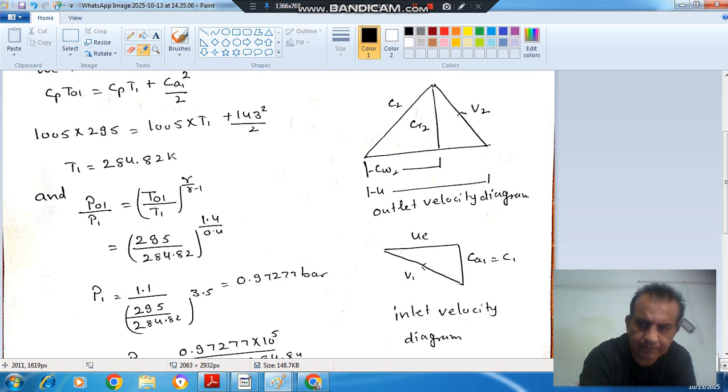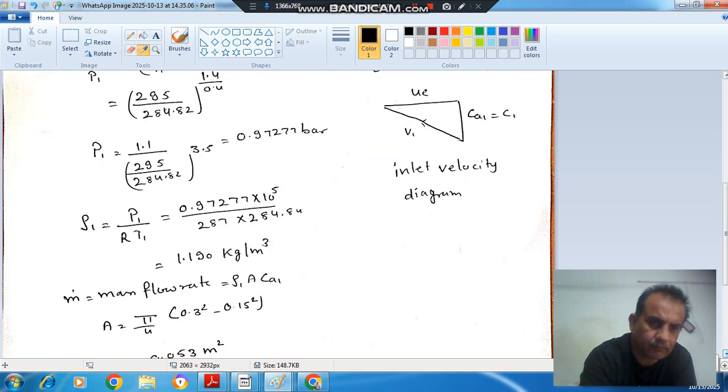From this we get P1 as 0.97277 bar. Now we have P1, we have T1, so using the state equation we can find the density at inlet. That comes as 1.190 kilogram per meter cube, putting the values of P1 and T1.